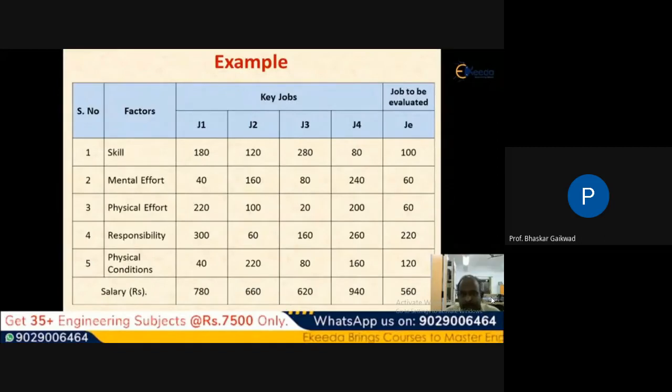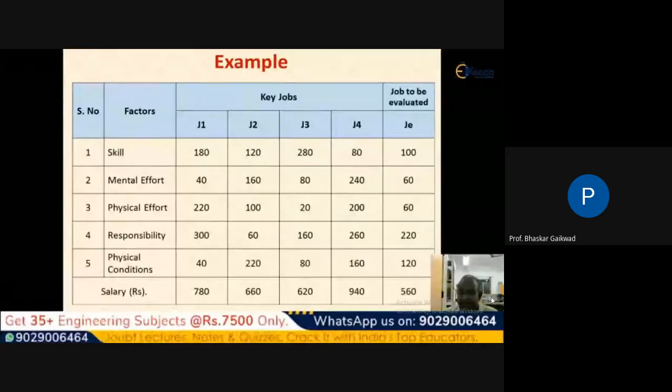First job 180, second 120, third 280, fourth 80. I am going to compare my job, which is to be performed, with J1. I feel J1 is better than JE, so I am going to give less than 180. Then I compare J2. Again, I feel that compared to J2, JE requires less skill, so I am going to pay him less than 120.